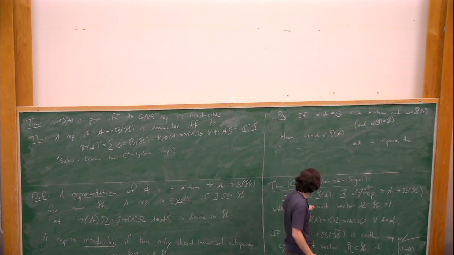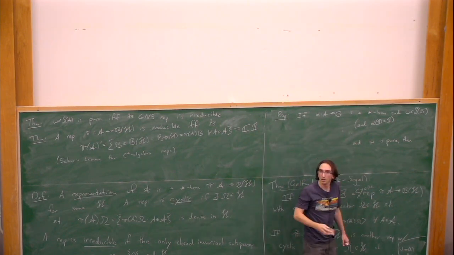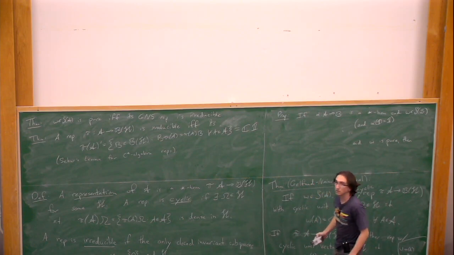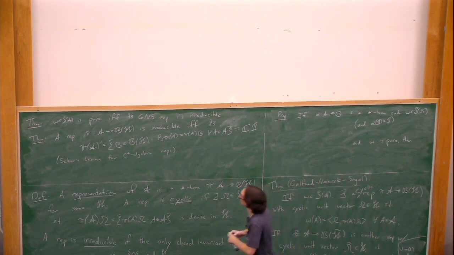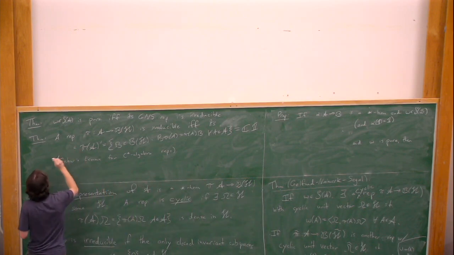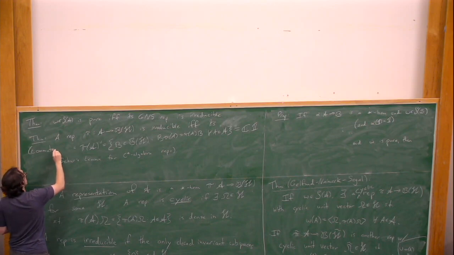So given omega, can you tell me explicitly what H is? Oh, the commutant. Maybe I don't need that parentheses.